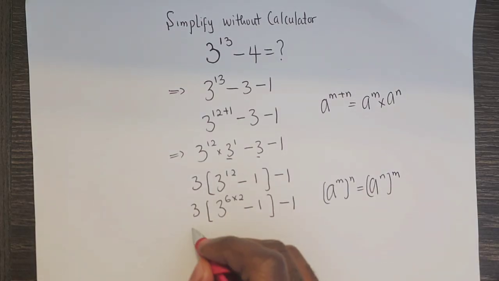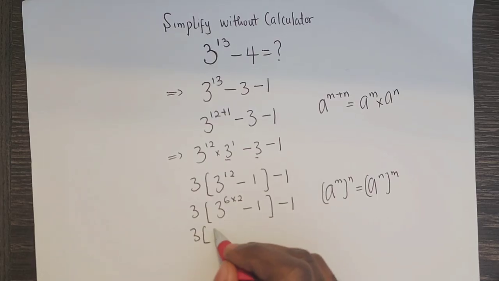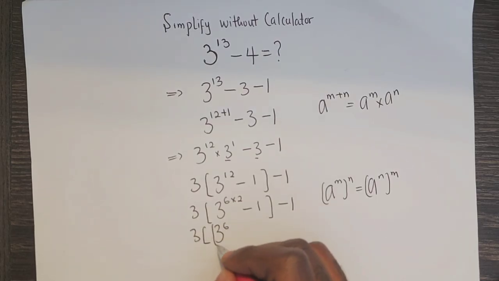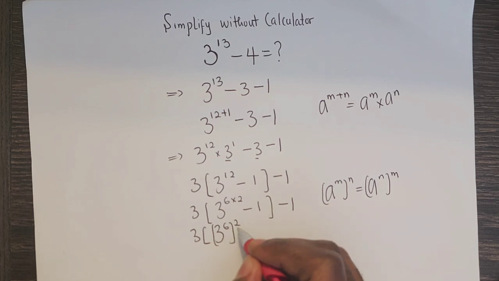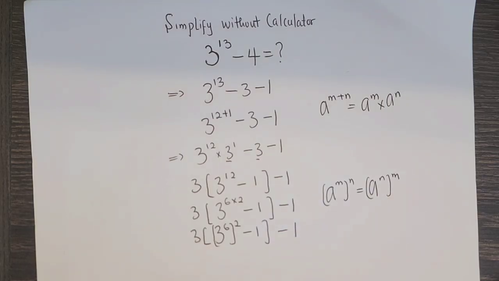Now, here I'm going to have 3 in parentheses. Here I'm going to have 3 to the power of 6. And I have my 2 outside because they are the same. Minus 1, minus 1. Good.